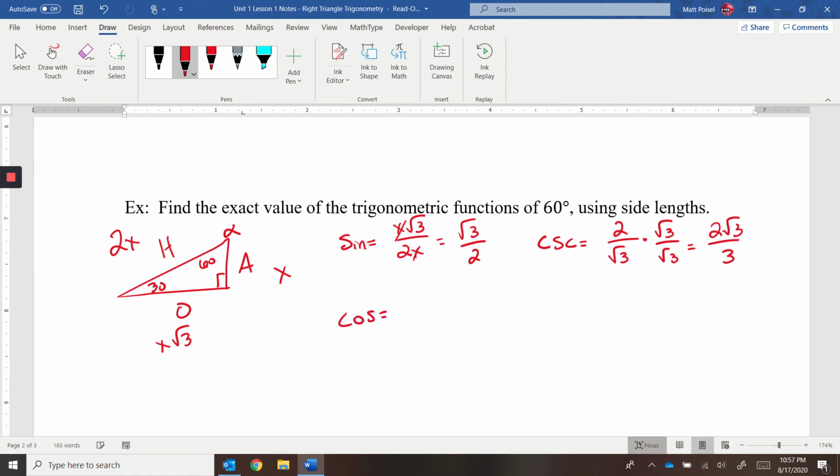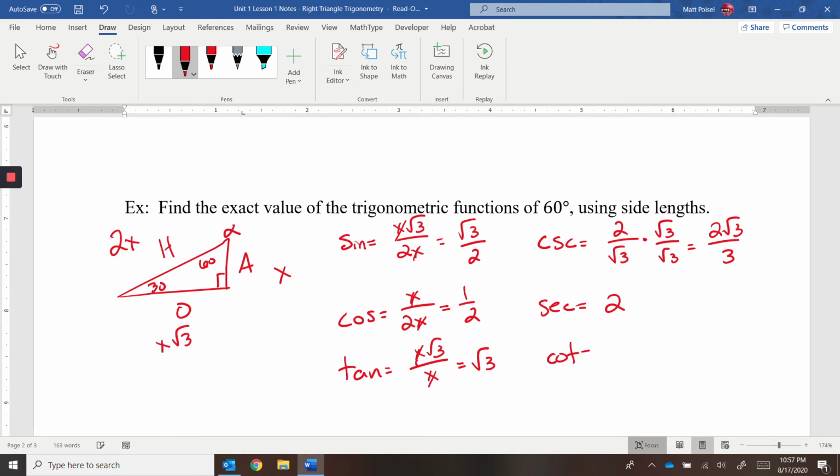Cosine is going to be adjacent over hypotenuse, and then those x's will divide out, and we're just left with 1/2. That means the secant is just 2. Finally, tangent, opposite over adjacent. If we divide those out, we get the square root of 3.